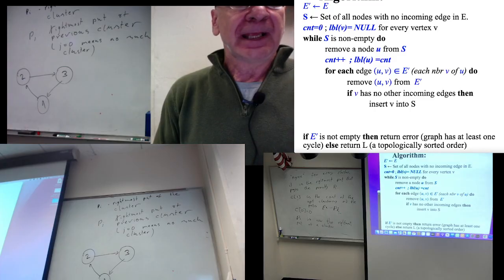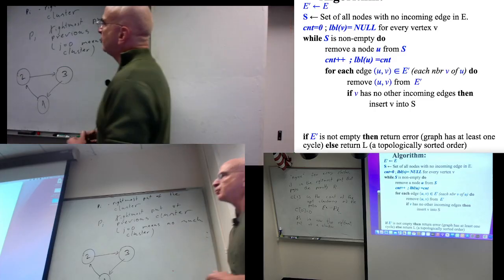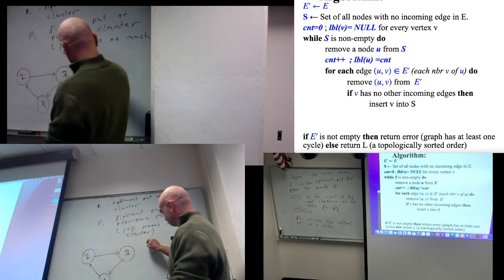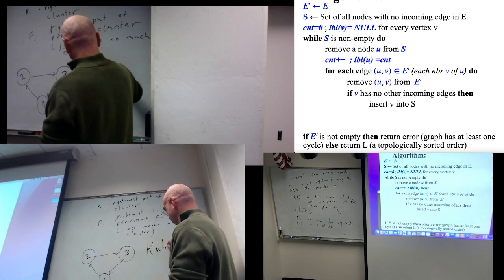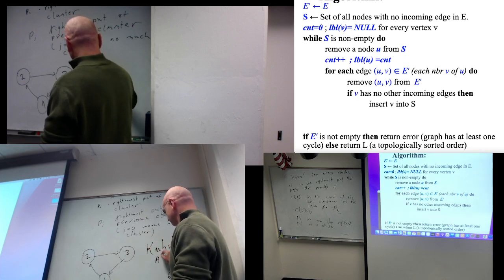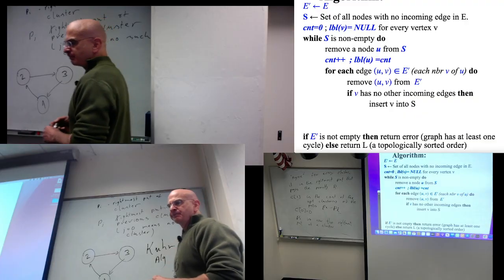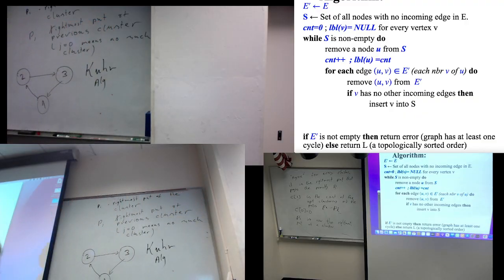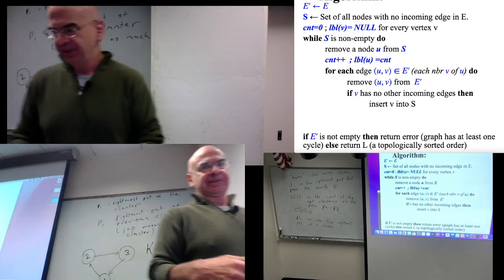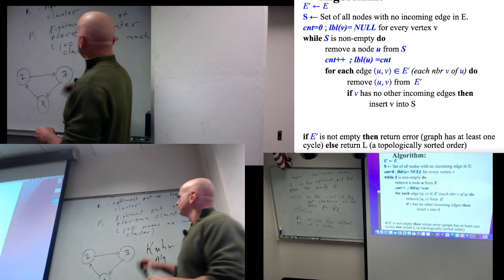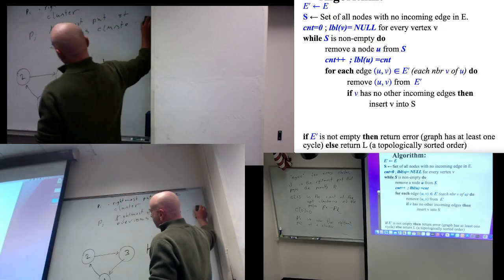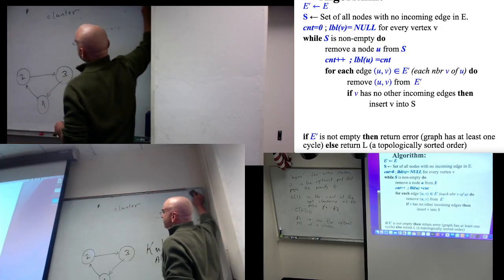Now, here is Kahn's algorithm for finding if a graph is a DAG. If it is a DAG, then it will give you the topological order. And if it's not a DAG, you'll get an error message.